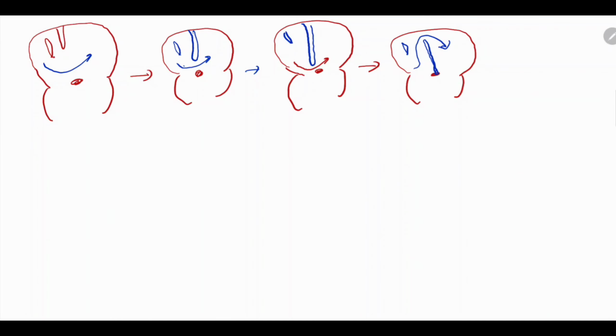Look at the series of diagrams I have drawn. In the first diagram we have the sinoatrial orifice with the septum spurium, and this is the septum primum. Next is the AV cushions. The septum primum is growing towards the AV cushions and finally fuses with them.